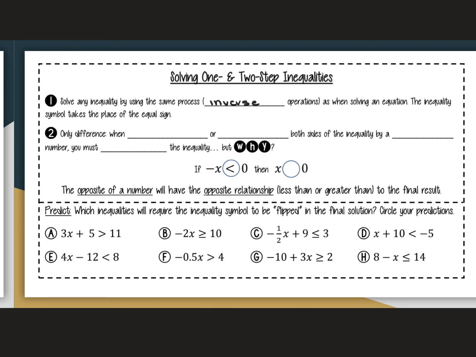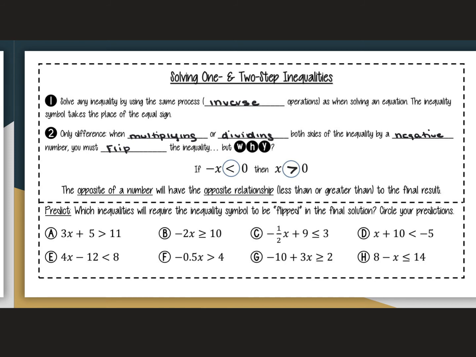The only difference, as we discovered at the beginning, is that when multiplying or dividing both sides of the inequality by a negative number, you must flip the inequality sign. So for example, if negative x is less than 0, then x is greater than 0.